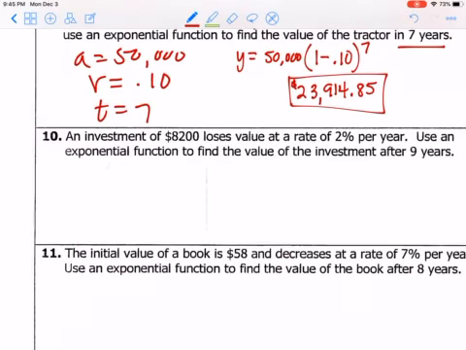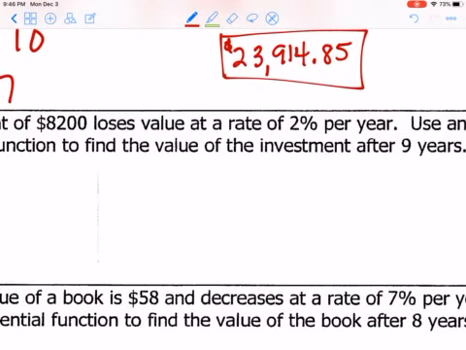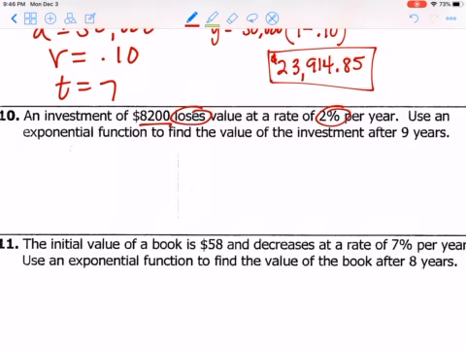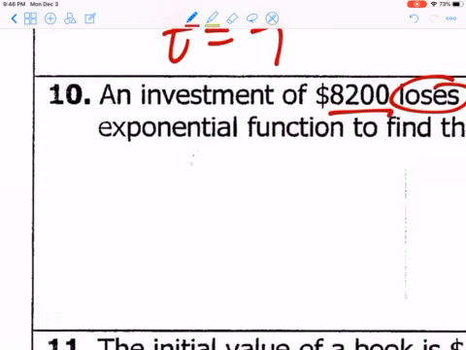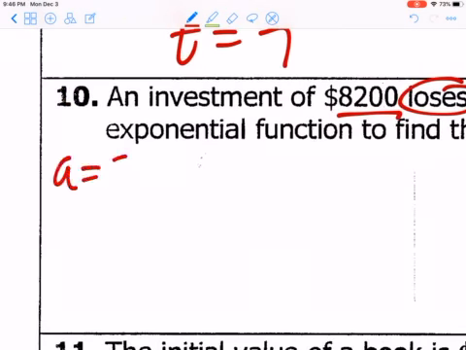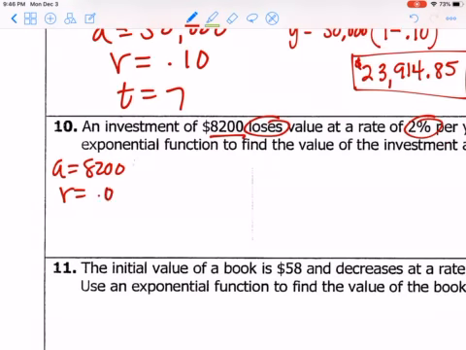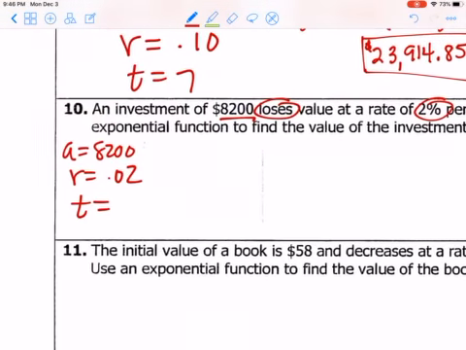Number 10, an investment of $8,200 loses value, so it's decreasing at a rate of 2%. Use an exponential function to find the value of the investment after 9 years. So again, A equals 8,200, R equals, what was our rate? 0.02, and T equals 9 years.